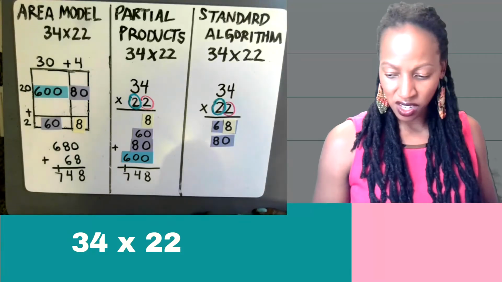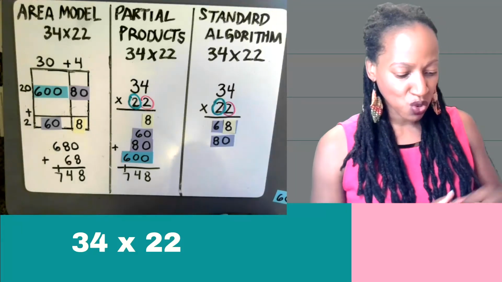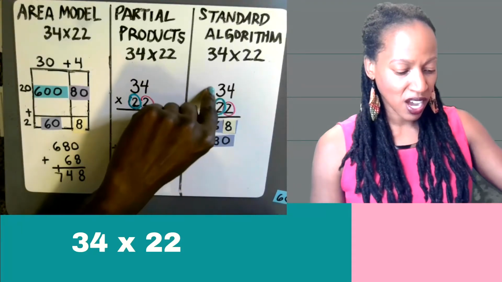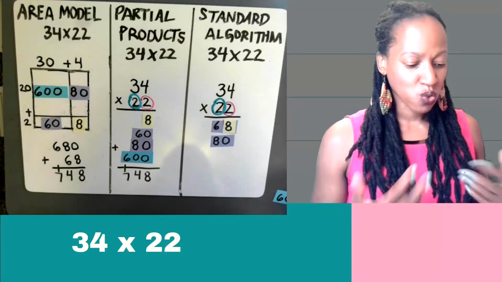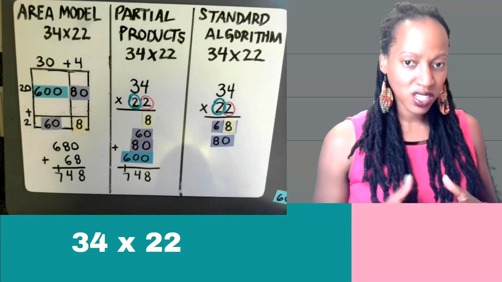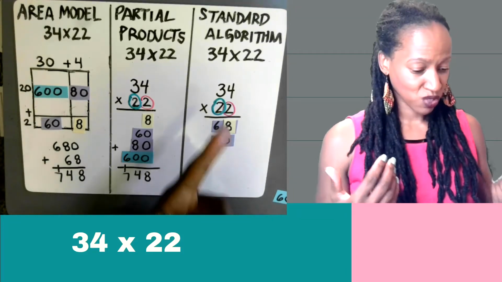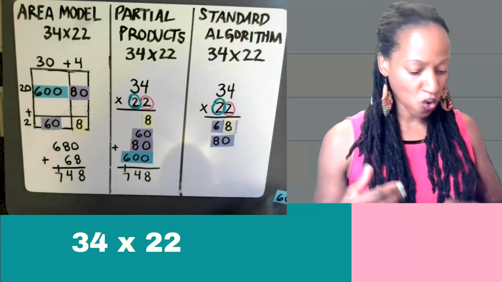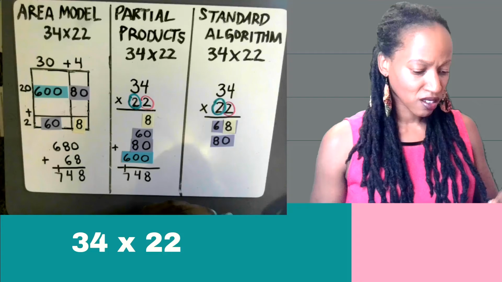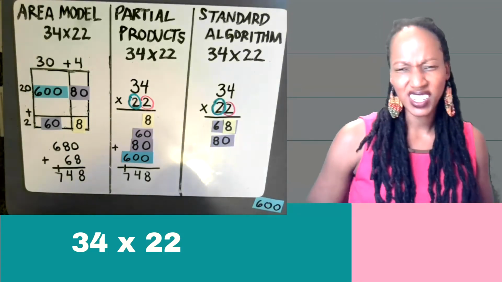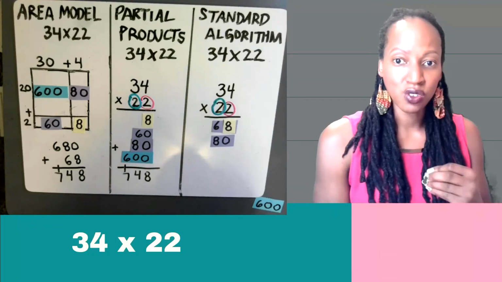I will put an 8 here, okay? Now, the next thing I'm going to do is multiply 2 tens times 3 tens. That's really like 20 times 30. 20 times 30 is 6 hundredths, or, excuse me, 60 hundredths, or, wait, let me think about that. Did I say that correctly? Let me think. 20 times 30, 3 times 2 is 6.